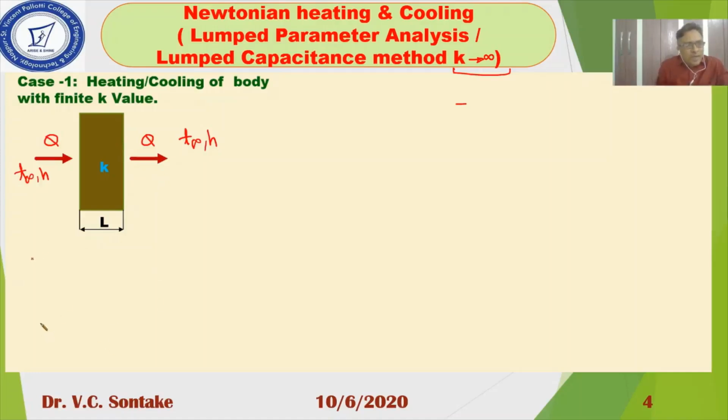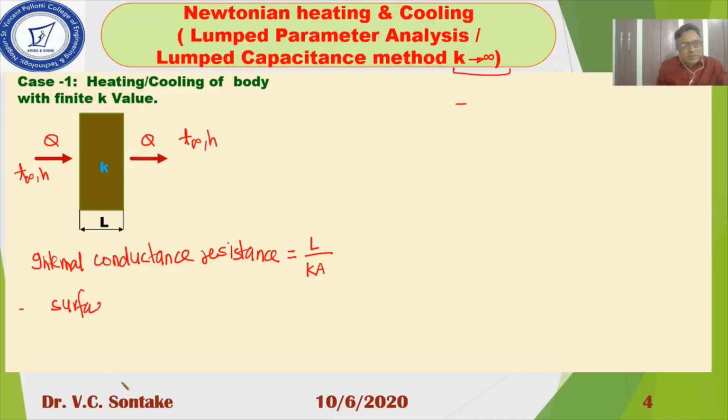So we know the internal conductance resistance of this body will be L over Ka, and the surface convective resistance by the fluid will be 1 over ha.